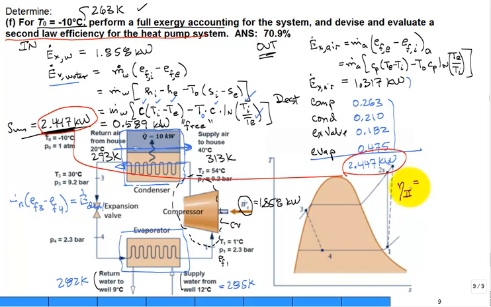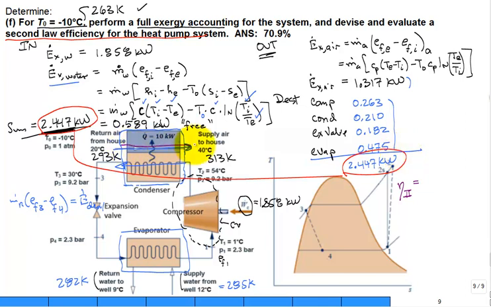Second law efficiency is what you want over what it costs. Well, what did we want? We wanted a large rate of transfer into the air. And so we wanted it removed from our system in the air.